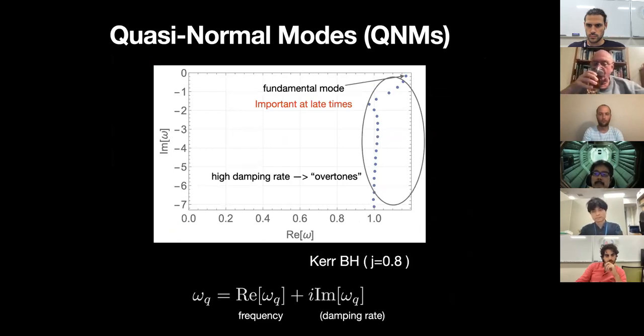So only the fundamental mode survives at late times. You might think that the other overtones are then less important in the context of GW observation. But actually, this point is now controversial.